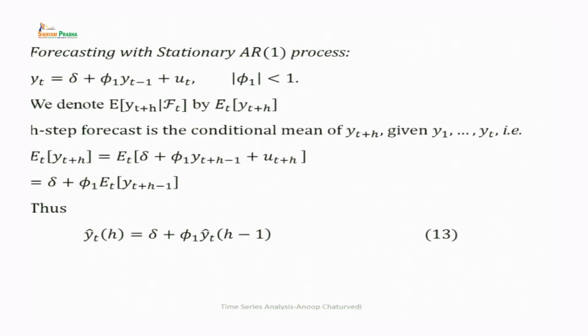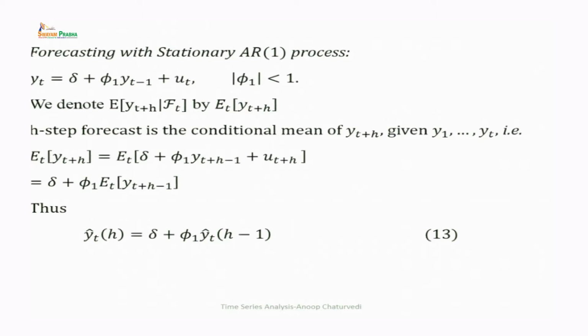Then the h step ahead forecast is the conditional mean of y t plus h given y 1, y 2, up to y t. This y 1, y 2, up to y t constitutes the information set up to time t. So, we apply the result which we proved in the last lecture, and we observe that the best linear unbiased predictor is the conditional mean of y t plus h given this information set.